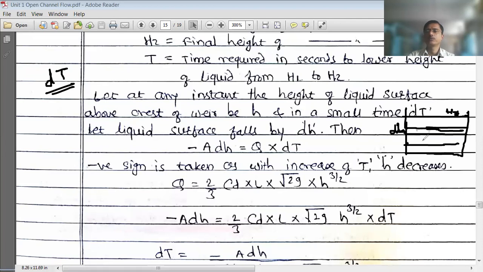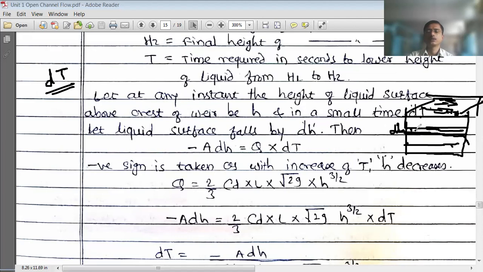How much volume of water will flow when the liquid is lowered by this height dh? That will be dh into the cross-section area of the tank. The cross-section area multiplied by this height gives the volume of water removed.